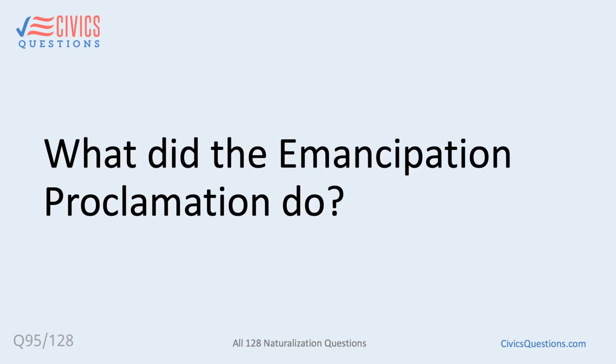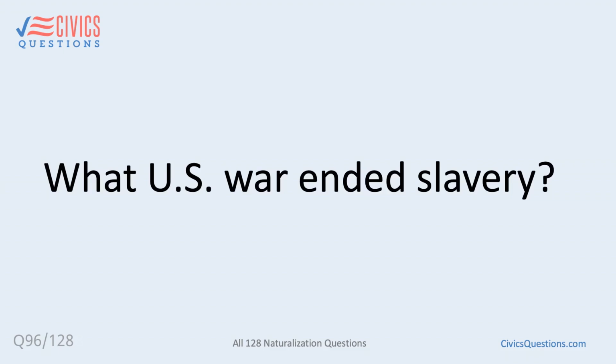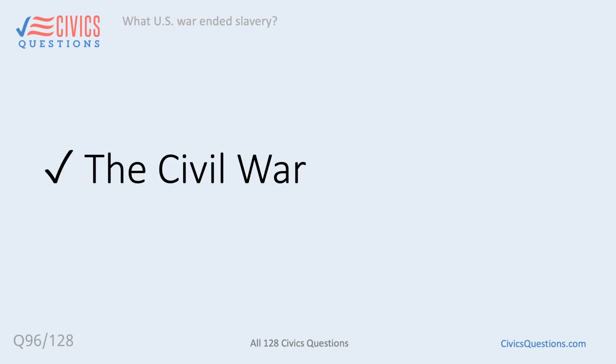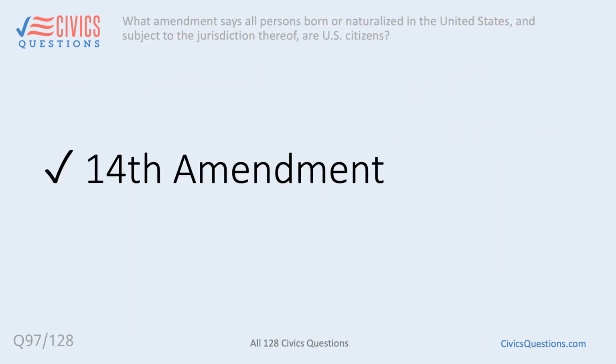What did the Emancipation Proclamation do? Freed the slaves. What U.S. war ended slavery? The Civil War. What amendment says all persons born or naturalized in the United States and subject to the jurisdiction thereof are U.S. citizens? 14th Amendment.